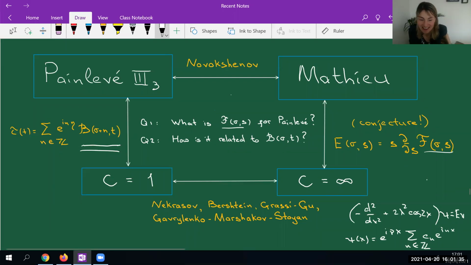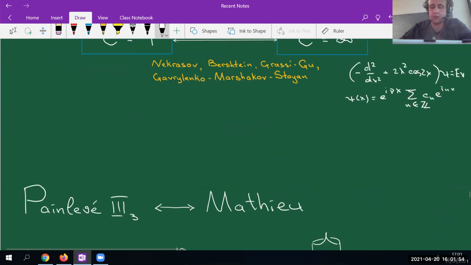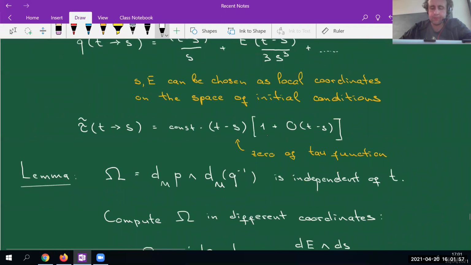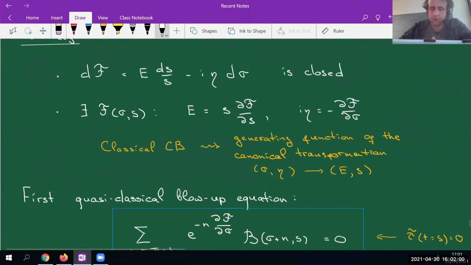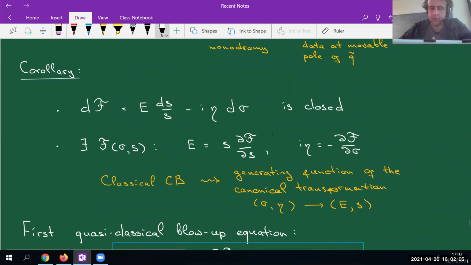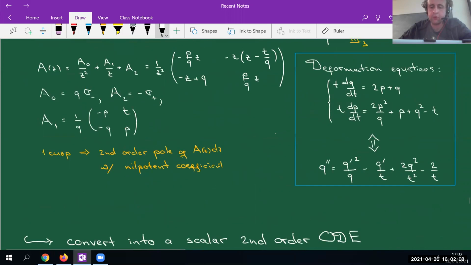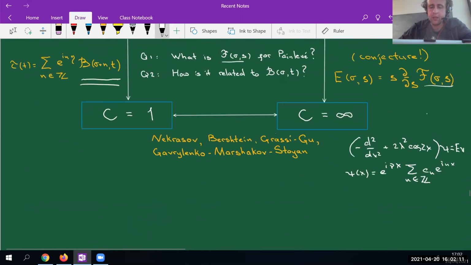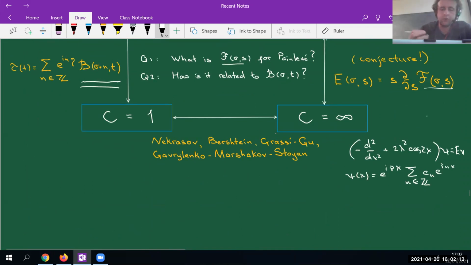Oleg, you're going to explain that F is the classical action along the corresponding solution. Exactly. So this is the main statement. Perhaps the announcement I can make already. On the space of monodromy data for Painlevé 3, you can introduce two types of coordinates.